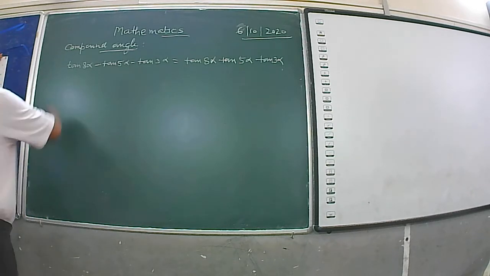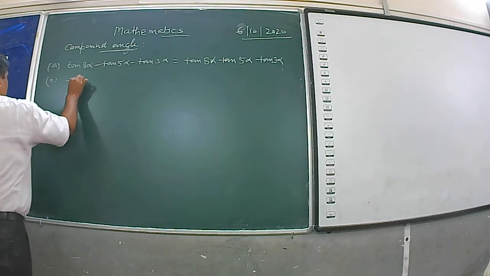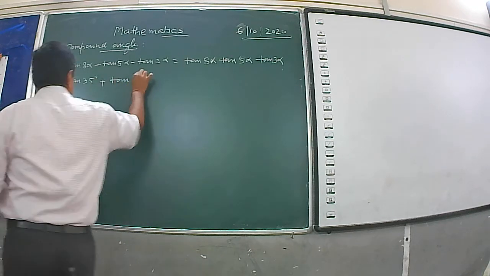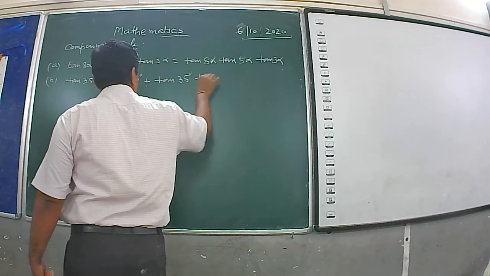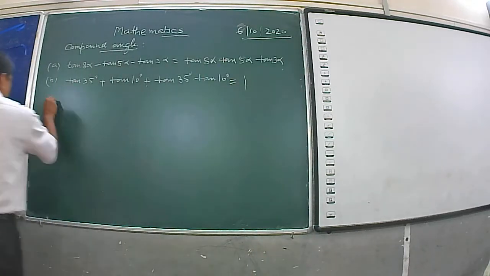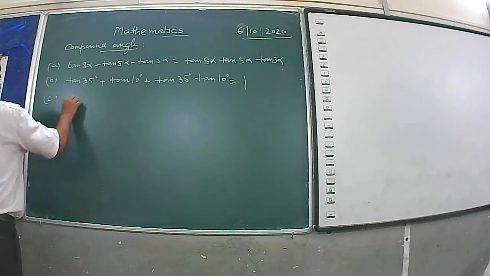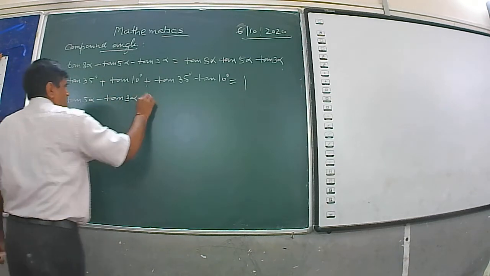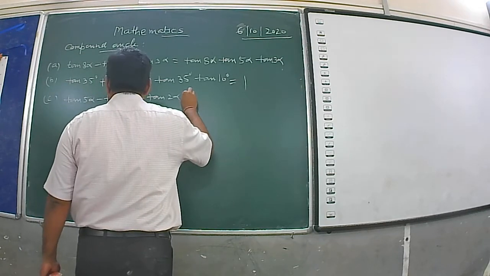Another question, B, tan 35 degree plus tan 10 degree plus tan 35 degree tan 10 degree is equal to 1. And again, tan 5 alpha minus tan 3 alpha minus tan 2 alpha is equal to tan 5 alpha tan 3 alpha tan 2 alpha.